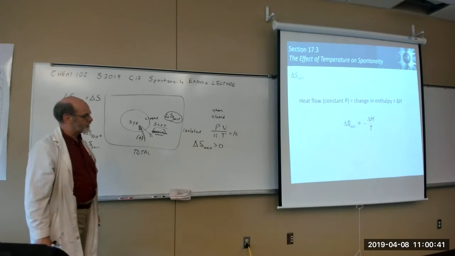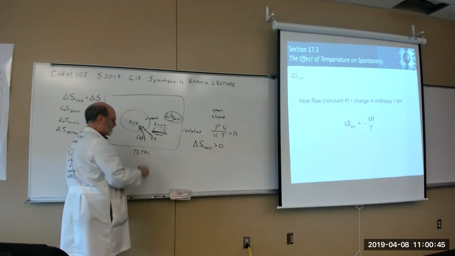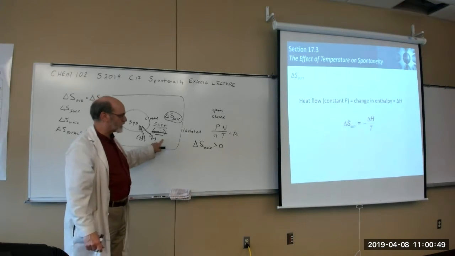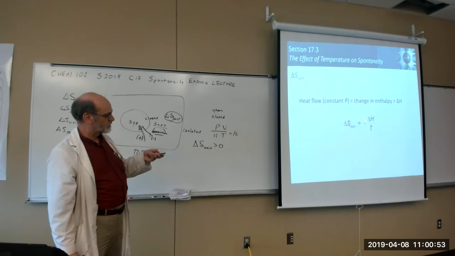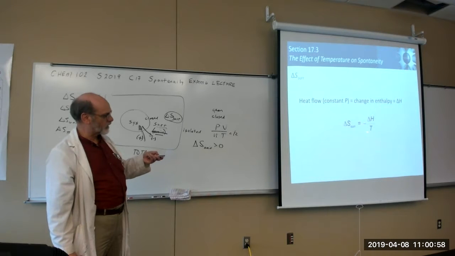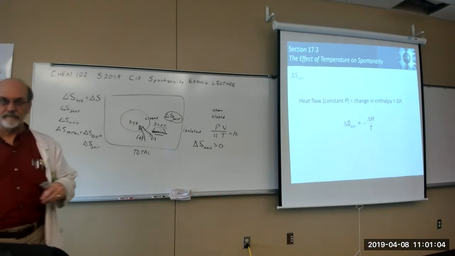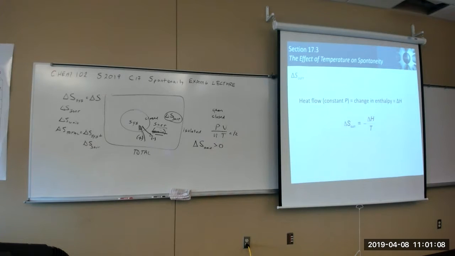What would happen if we're going the other direction? Then delta H would be negative, but that would increase the entropy of the surroundings. And in order to increase the entropy of the surroundings, if this is negative, we have that negative there to make the whole thing positive. That maintains our convention. Of course, temperature won't have any effect on the sign because it's absolute.